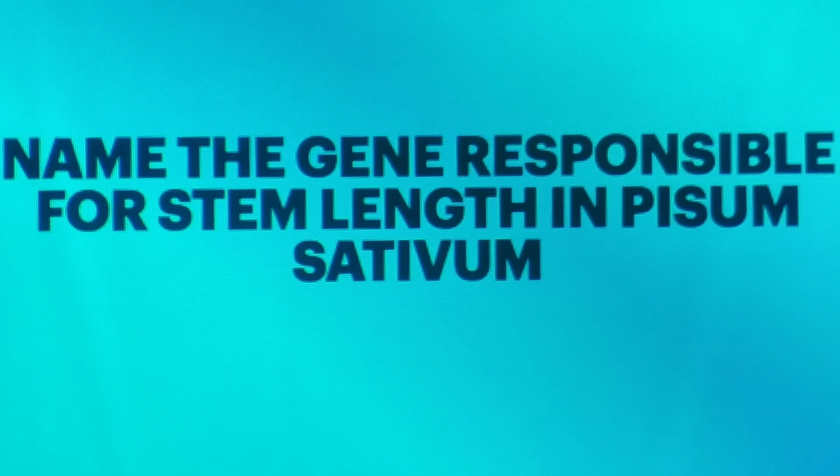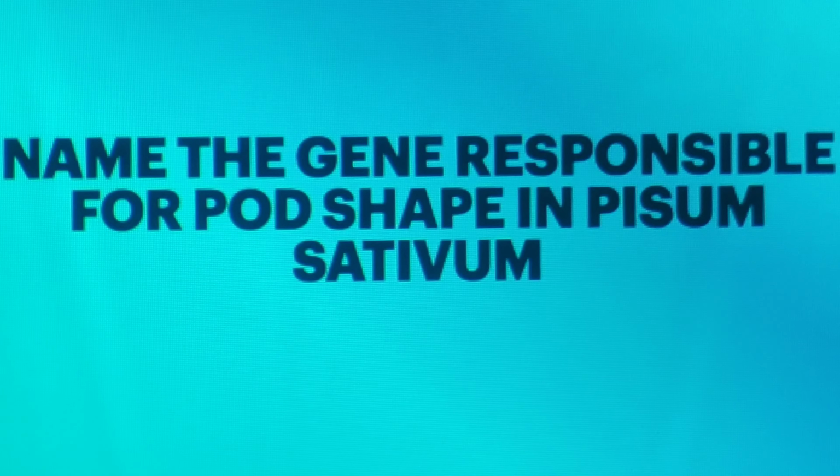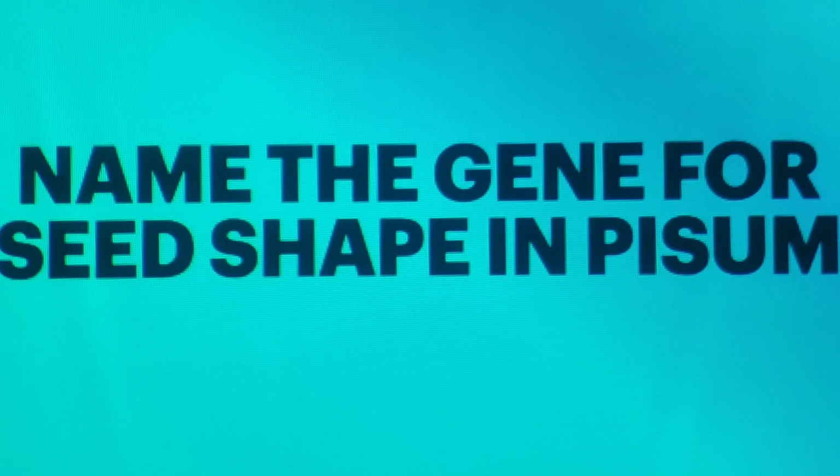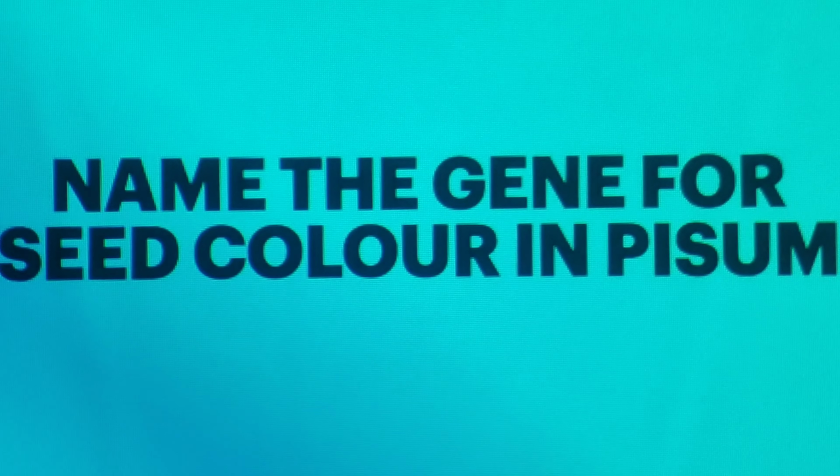Emasculation. Name the gene responsible for stem length in Pisum sativum. Le. Name the gene responsible for pod shape in Pisum sativum. V. Name the gene for seed shape in Pisum. R. Name the gene for seed color in Pisum.